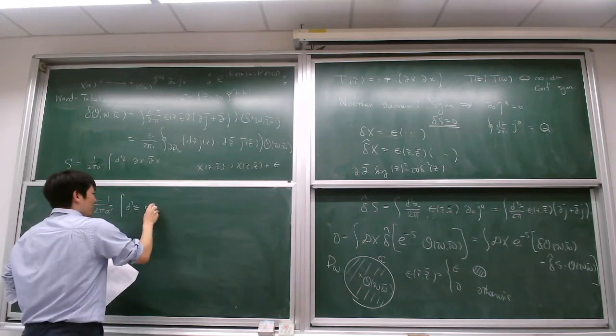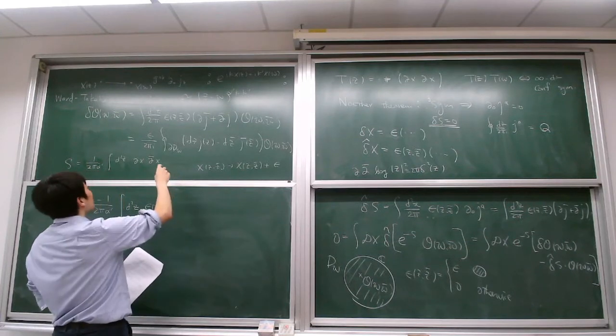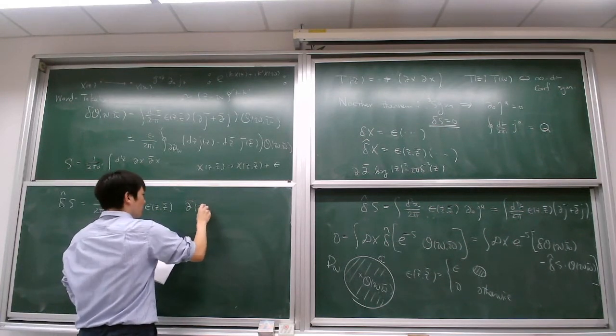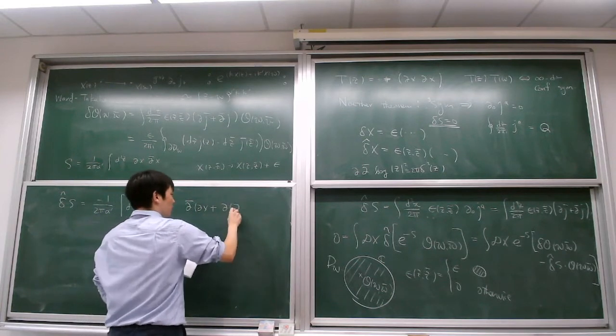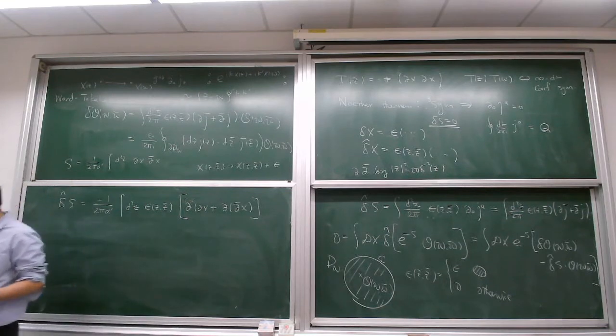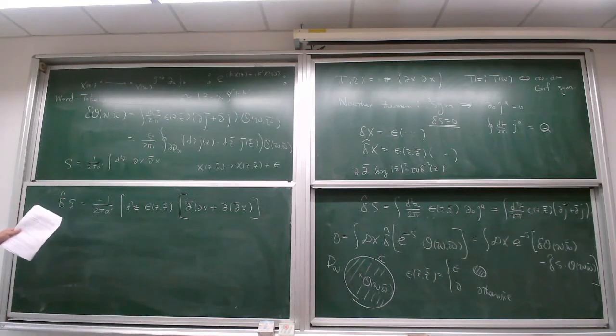So epsilon depends on z and z bar. And then if you take the variation, just do the integration by parts, you get this one, partial X plus. Do you see this one?